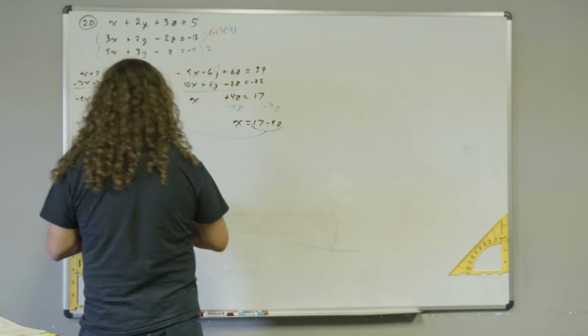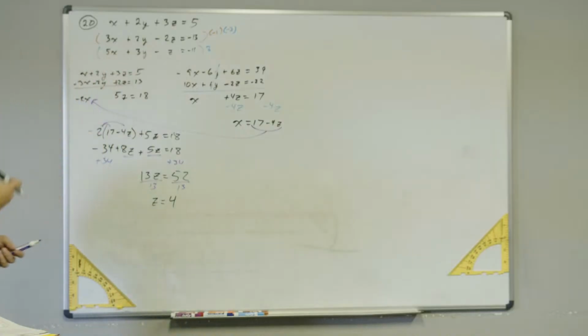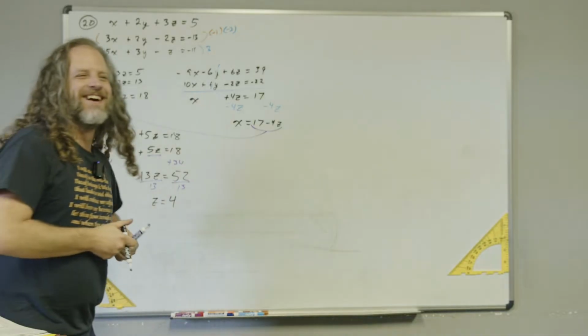And then you went 13 divided by 52. If you did 13 divided by 52, you would have gotten 1/4, and you could have been like, oh, that means it's 4.